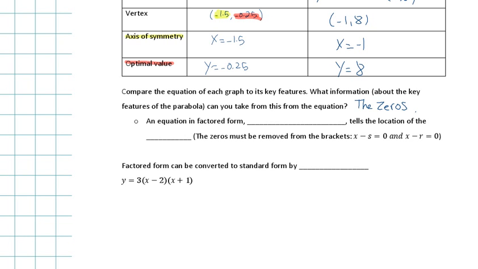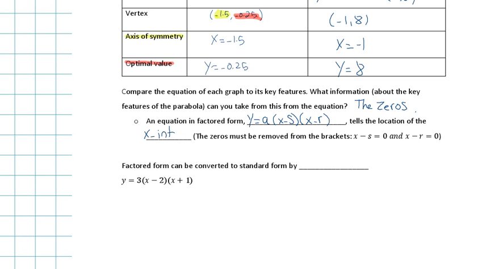So an equation in factored form is going to look like this: y equals a, x minus s, x minus r. This is what we call the generalized formula of the factored form. It tells the location of the x-intercepts, or the zeros, they're the same thing.